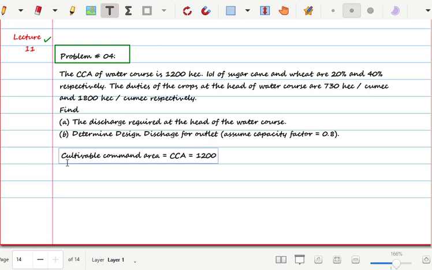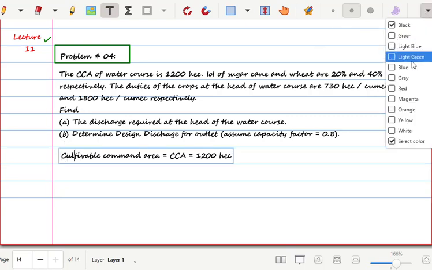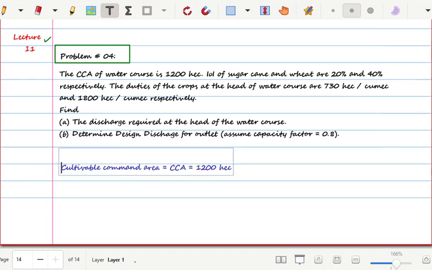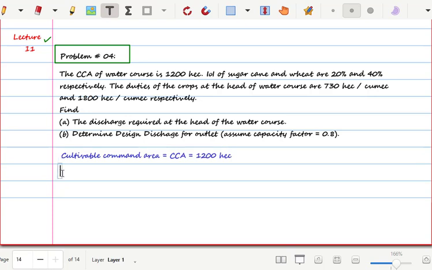There is 1200 hectares, right? This is given to us. Okay. Cultivable command area is the first thing given to us.